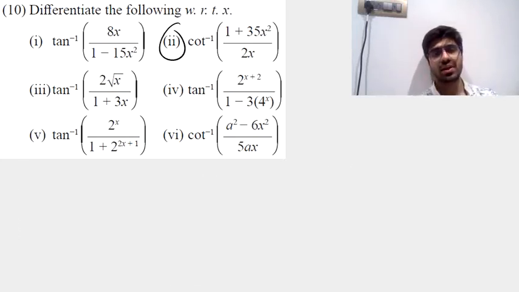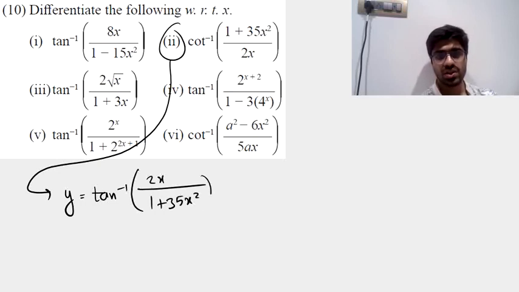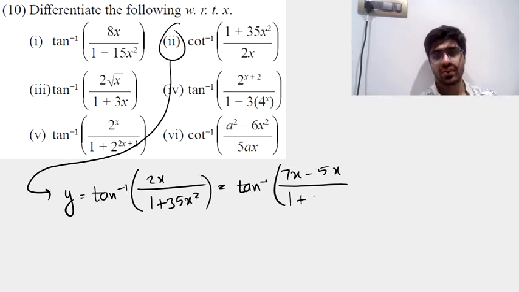Yeah, let's try the second one in a similar way. So we can write that as tan inverse of the reciprocal, which is 2x upon 1 plus 35x square. Because there's a plus in the denominator, we will write a minus in the numerator. So the numerator will be 7x minus 5x upon 1 plus, write that 35 as 7x into 5x.